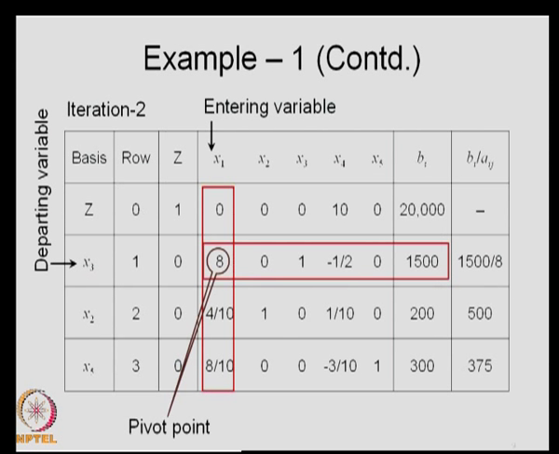So, you got two solutions now. One solution from here, namely x3 is equal to 1500, x2 is equal to 200, x5 is equal to 300, x1 is equal to 0, x4 is equal to 0. This is one solution which gave z is equal to 20,000.